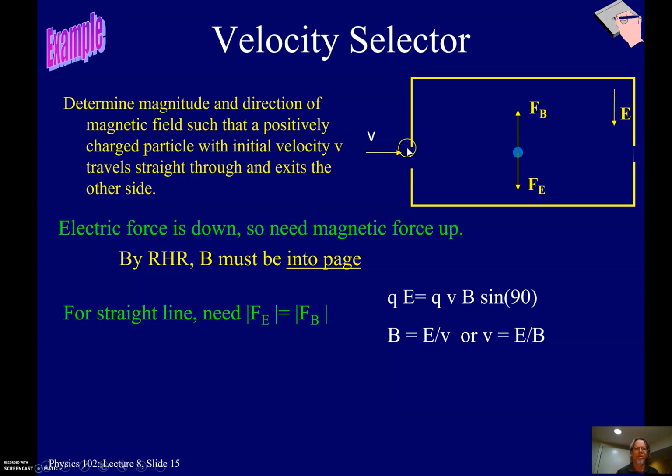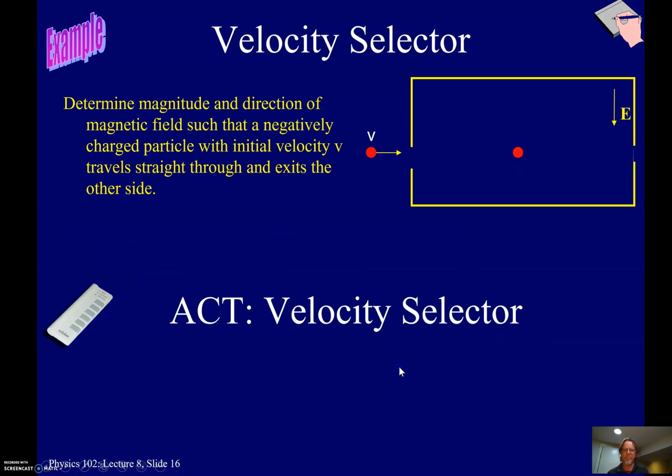If you want particles moving slower, you make this a little bit smaller, because the force from the magnetic field would be less for slower particles. Remember, the magnetic force depends on how fast they go. You could select out just certain speeds.